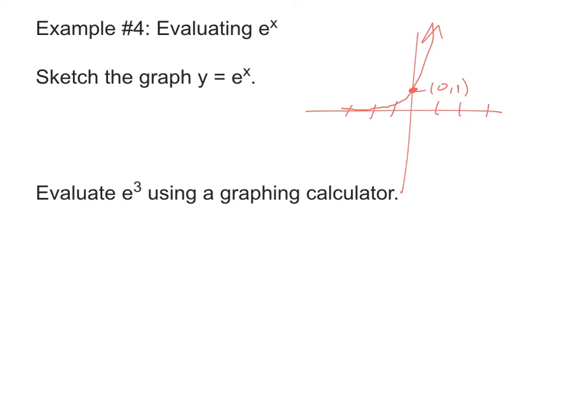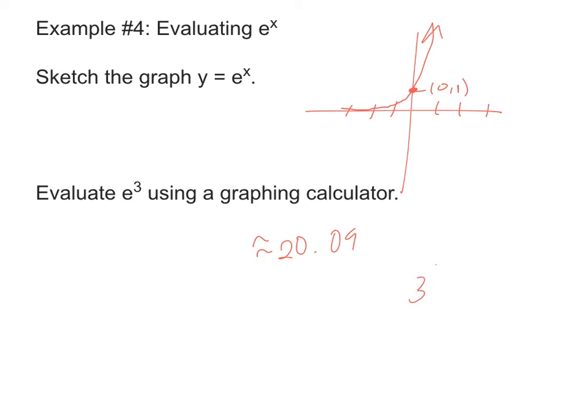Okay. And then if we were to try to find e to the third, all you have to do is type it into the graphing calculator and you get about 20. Let's round it to the nearest hundredth, so that's 20.09. Because again, e is about 2.7182, so think about that: something that's almost 3, raised to the third power.